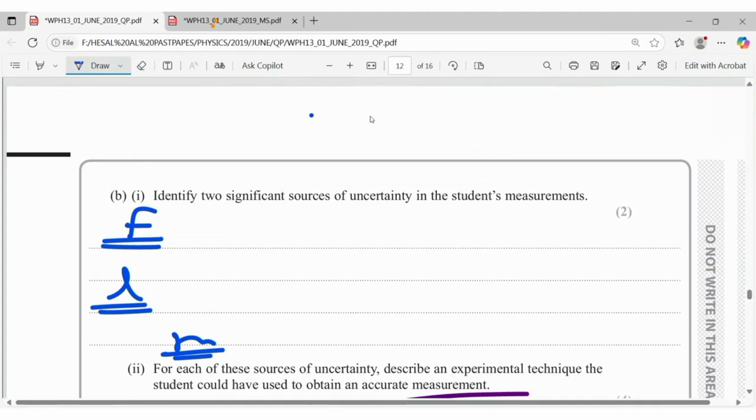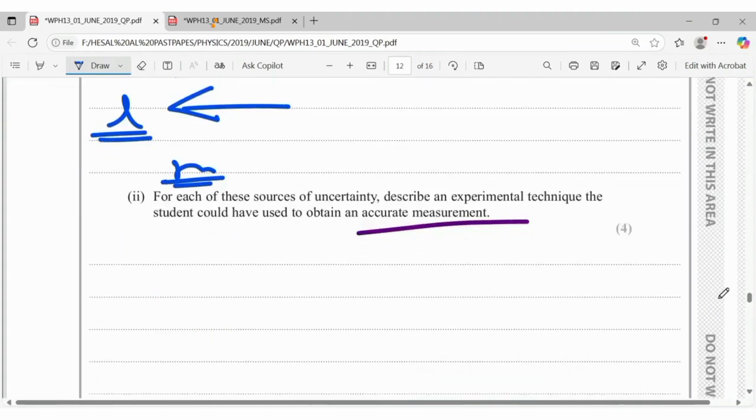When you identify when nodes form, uncertainty may be created. So, uncertainty in identification when nodes form is 1 point. Parallax error when measuring the length is another. For the mass, zero error on the mass balance.